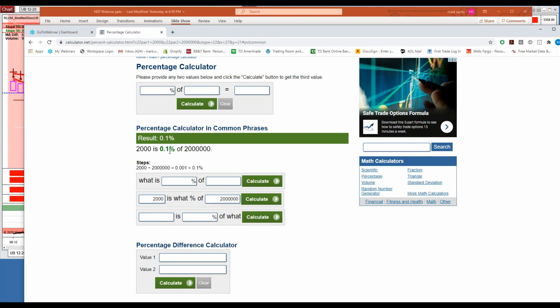So it should really be the other way around. It comes out to either 20,000% or 200,000%. I think it's 20,000% on your money. Now, who can make that kind of money? And it really should be, 2 million is what percentage of 2,000?